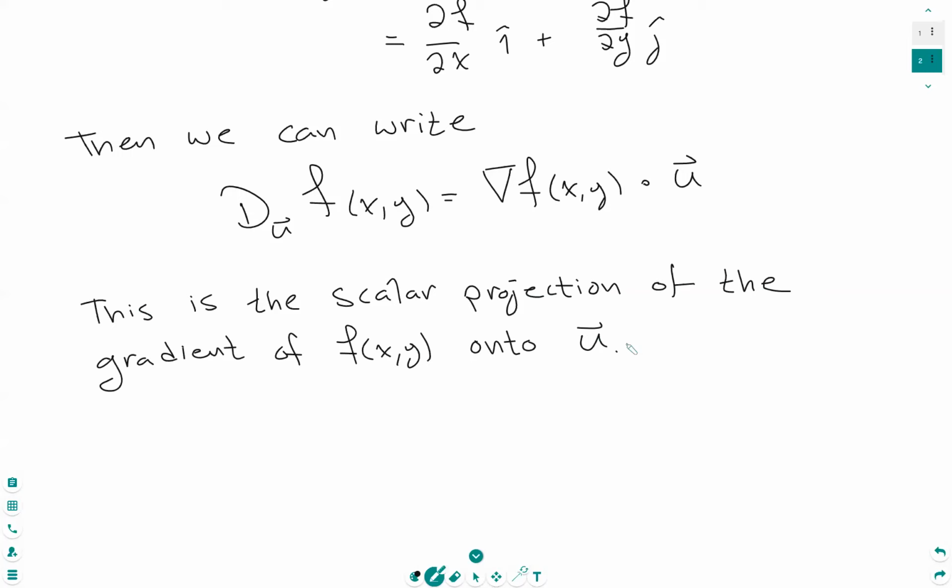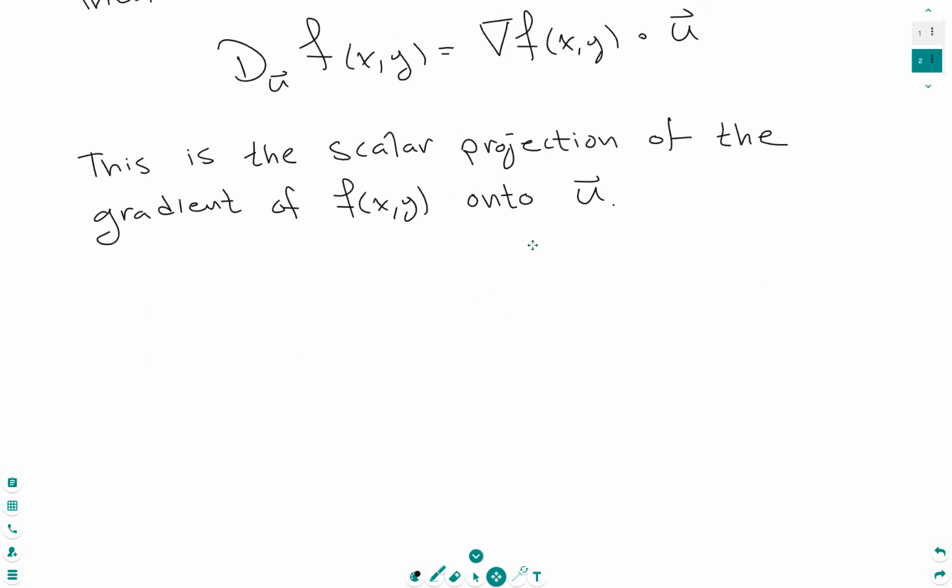So way back when we learned about projections, we're finally bringing that back here. This is our scalar projection of our gradient vector that's produced by taking the gradient of f, and we're projecting that onto the u vector. How much of the gradient is in the u direction? That is our directional derivative.